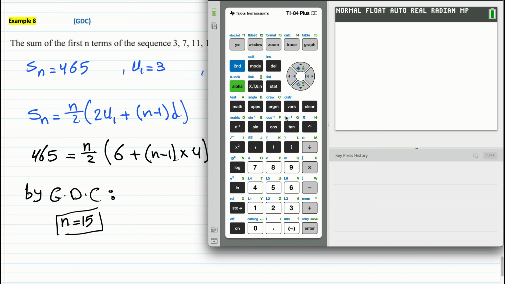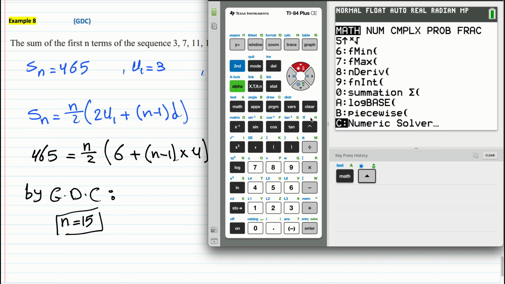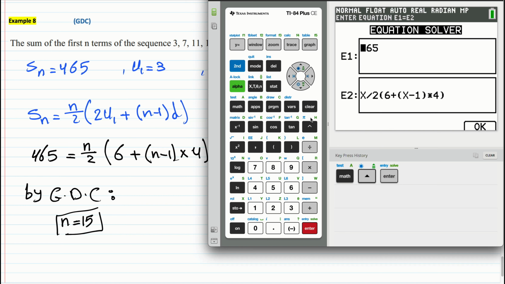To solve this example using the TI-84, you're gonna click on math, go down to the end or up one time, numerical solve, and click enter. You're gonna enter the left hand side 465 in E1 and the right hand side n over 2 in E2. After you finish, click OK, which is graph F5.